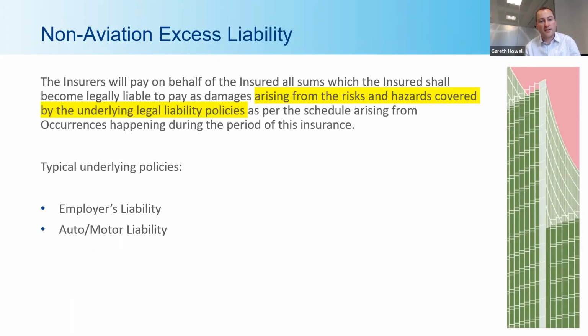You're also going to have things like your AVN 111 sanctions clause, which remains paramount and would likely still apply to this non-aviation excess liability cover. So if you have got one of these non-aviation excess claims, it is very important that you look at exactly what the coverage is that's provided, and to check whether you are on a pure follow form or some kind of hybrid where some of the aviation clauses also apply.